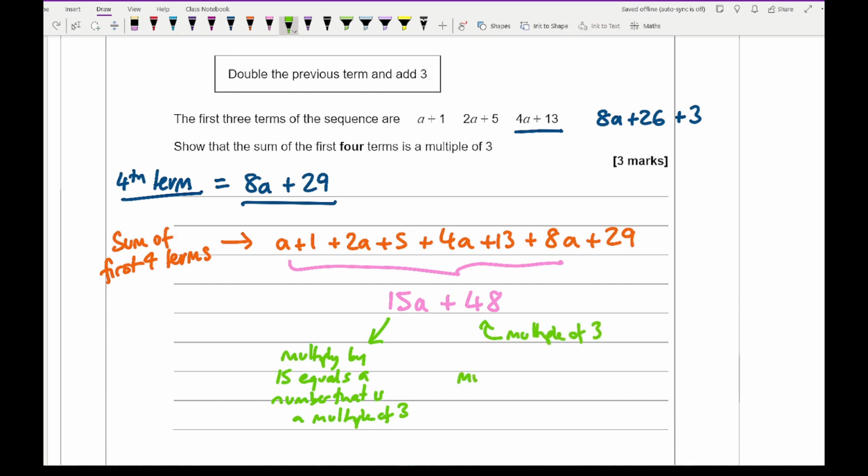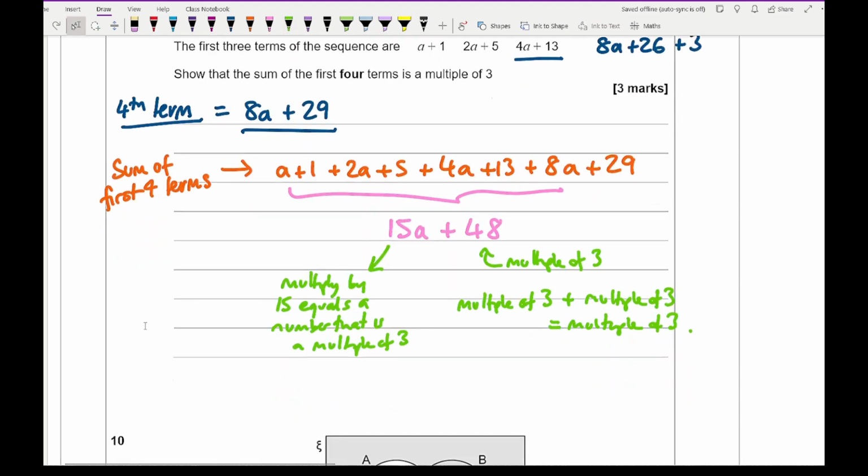And a multiple of 3 plus a multiple of 3 equals a multiple of 3. So something along those lines would be absolutely fine.